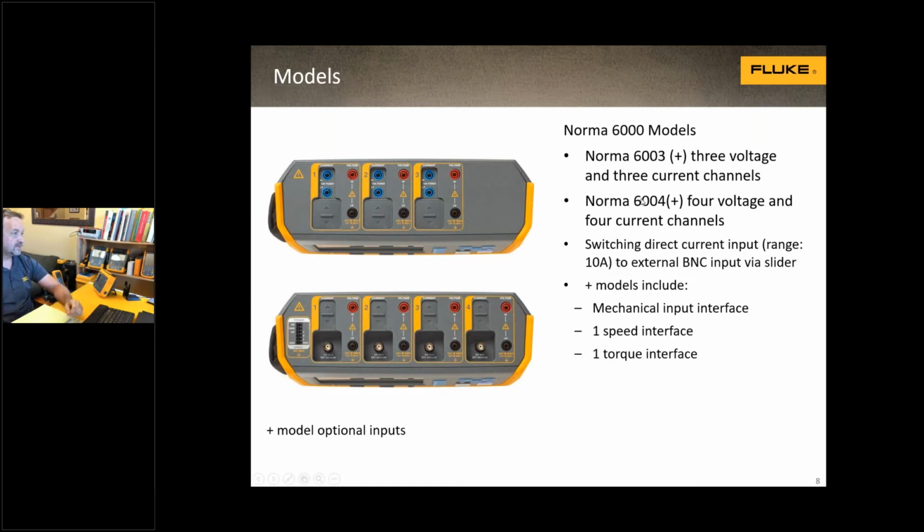The inputs can support up to 10 amps direct. If you slide the little cover off the BNC connector, down or up, you can expose the BNC or expose the blue shunt inputs for 10 amps. So it allows you to switch between them quite easily by just sliding the cover back and forth at the top of the meter.